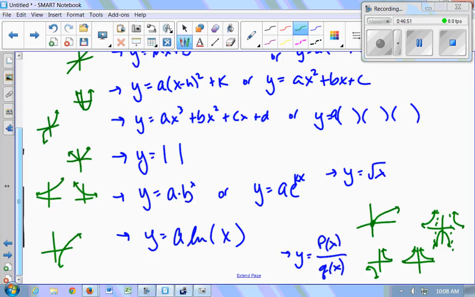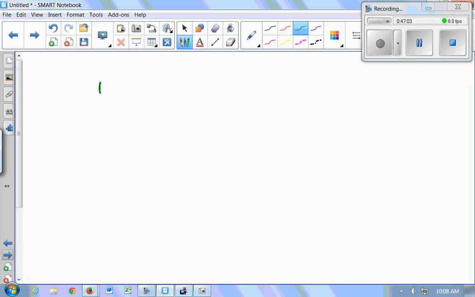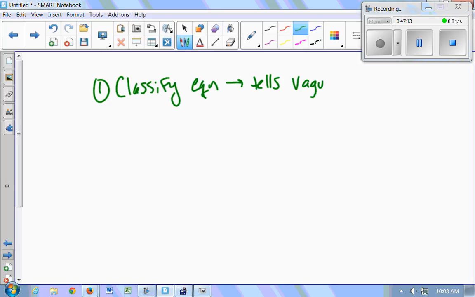So it has these typical characteristics. All right. So first, classify the equation and get a general idea of the shape of the graph in your head. So 1, classify the equation, and that tells you a vague idea of the shape, what it's going to look like.